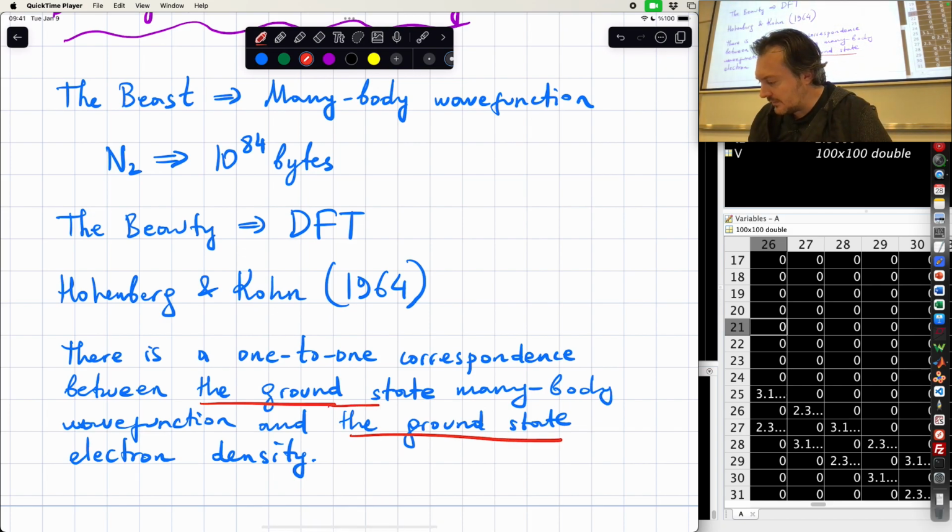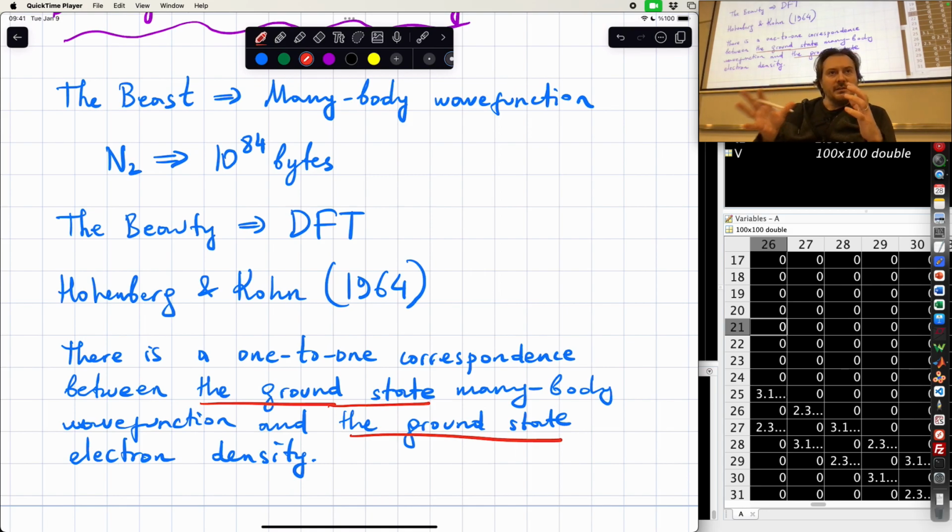Okay, DFT is a ground state theory. The derivation of this one is one of the simplest things ever that appeared in physics journals. Yet it led to a Nobel Prize for Kohn, who visited Bilkent back in the days when he was alive. Okay. Good.